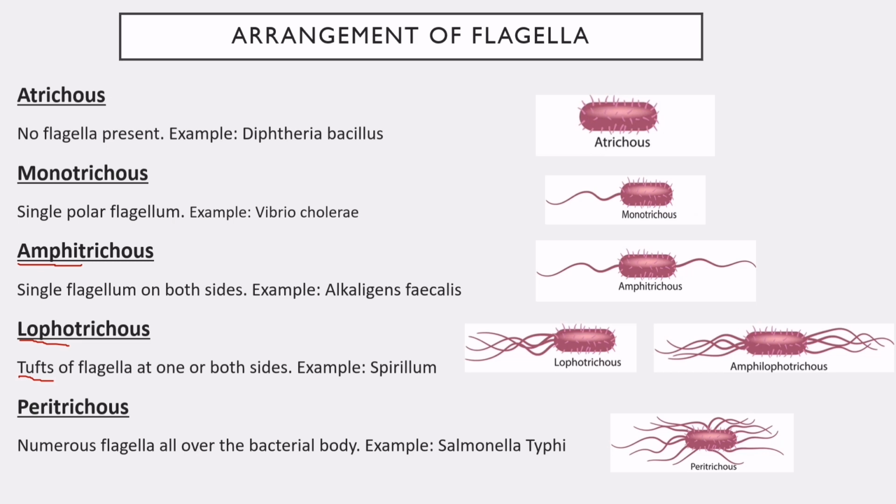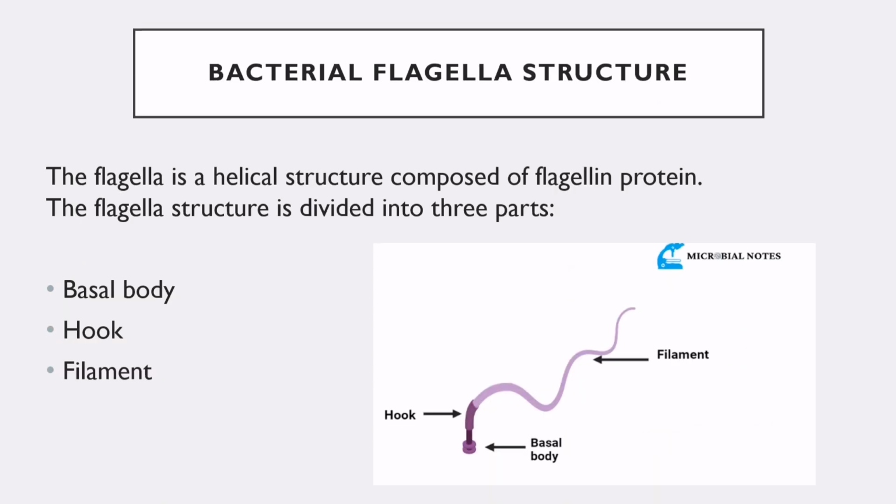All right. Coming towards the structure of the bacterial flagella, which is composed of three main parts. The whip-like or hair-like structure is basically the filament, which is attached to the hook, which is basically attached to the basal body. So the flagella is basically originating from this part, the basal body.